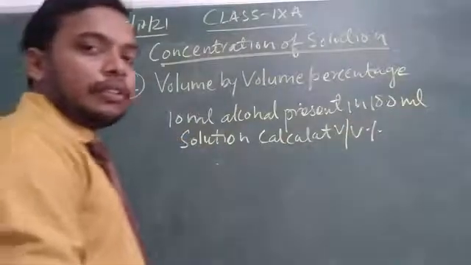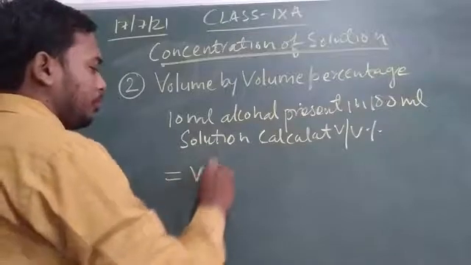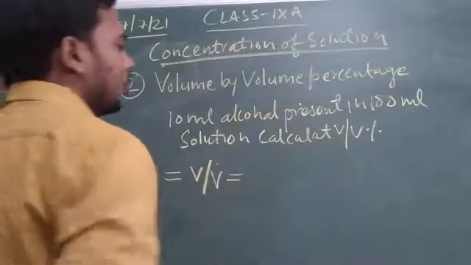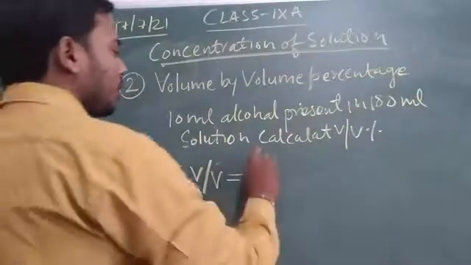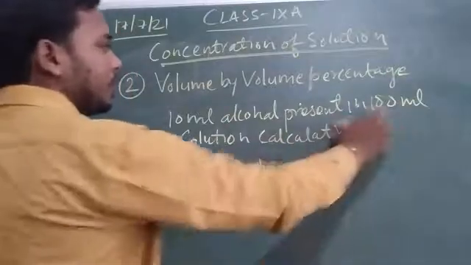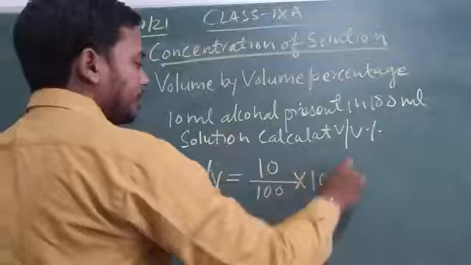The formula is volume by volume percentage is equal to volume of solute, that is 10 ml, and volume of solution, that is 100 ml, into 100.